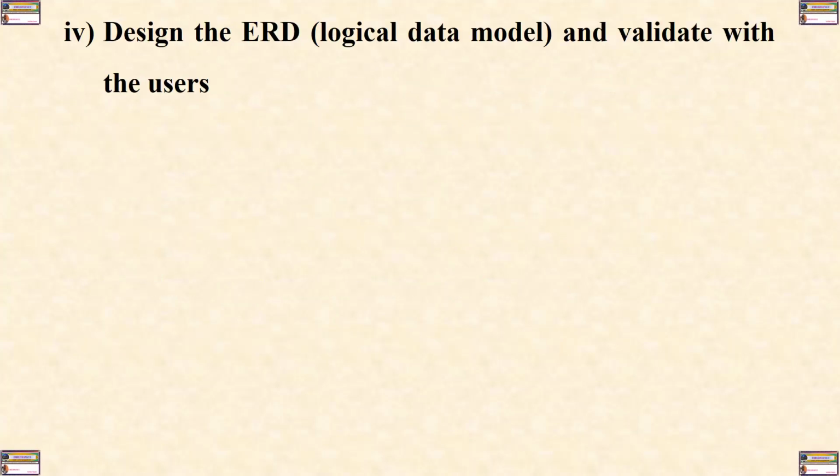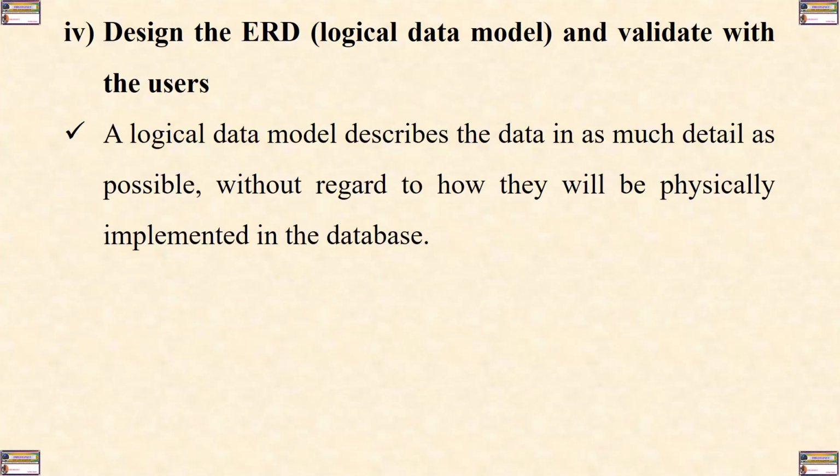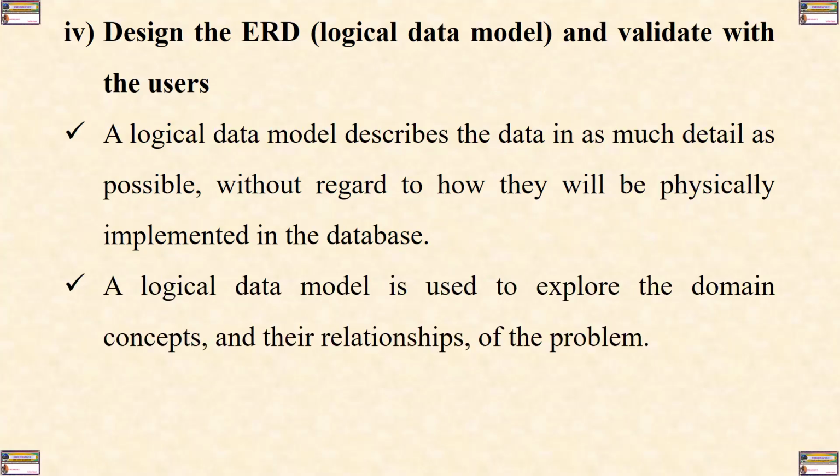Number 5, you design the entity relationship diagram. That is a logical data model, and you validate it with the users. A logical data model describes the data in as much detail as possible without regard to how they will be physically implemented in the database.